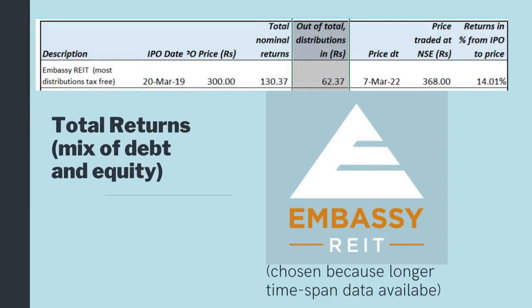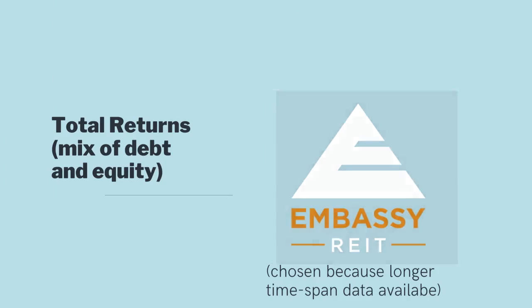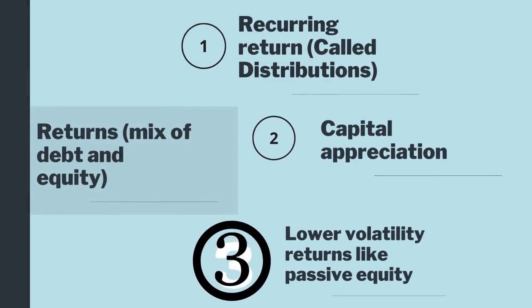In fact, it would be very useful to understand the total returns from the perspective of a mix of debt and equity, how it performs as a mix of debt and equity assets, and we'll take the example of Embassy REIT for that purpose. So if we split the total returns, we have the recurring returns as well as the capital appreciation, which is what we are going to look into.